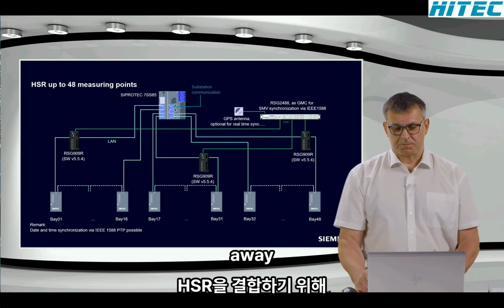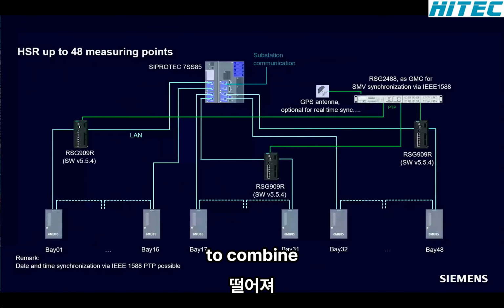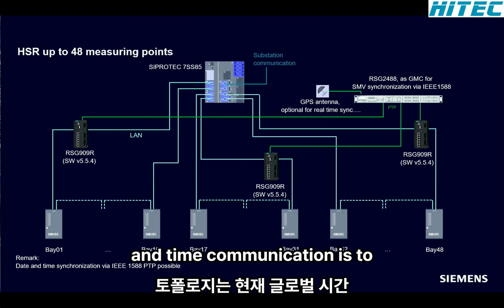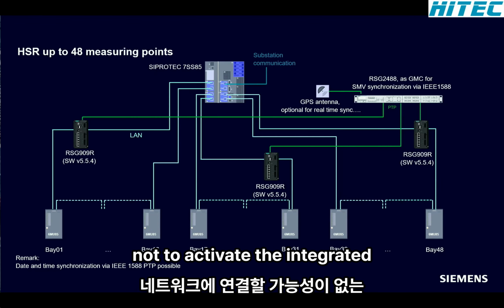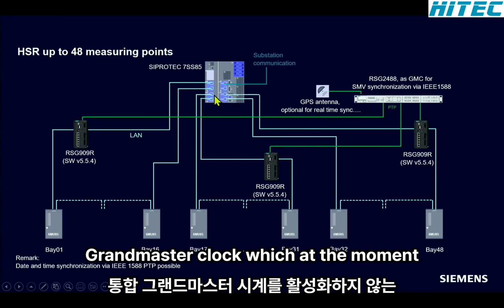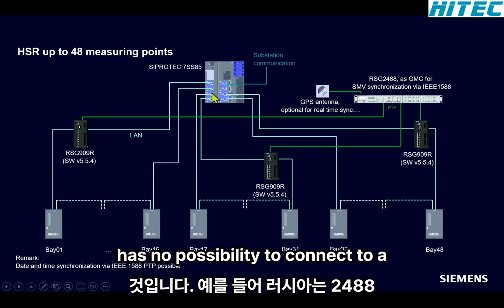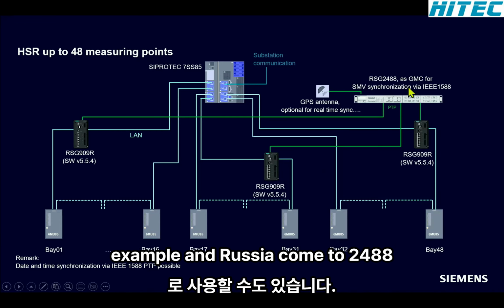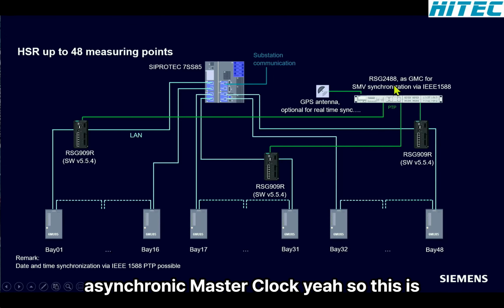A way to combine the HSR communication topology with a date and time communication is to not activate the integrated grandmaster clock, which at the moment has no possibility to connect to a global time network, but we can use, for example, a Ruggedcom 2488 as a grandmaster clock here.